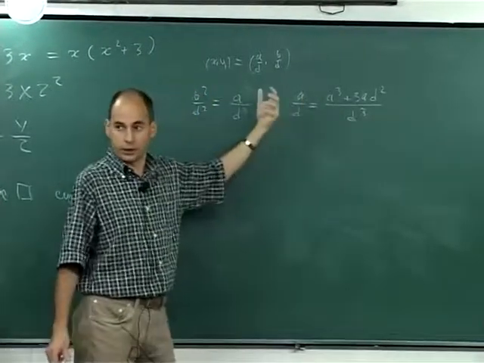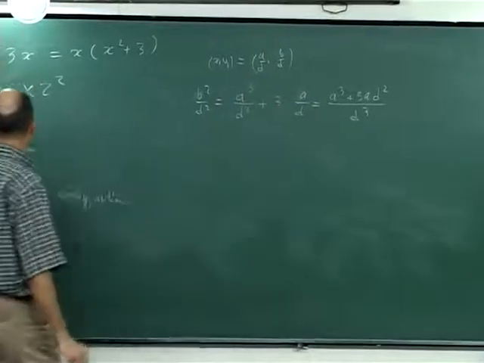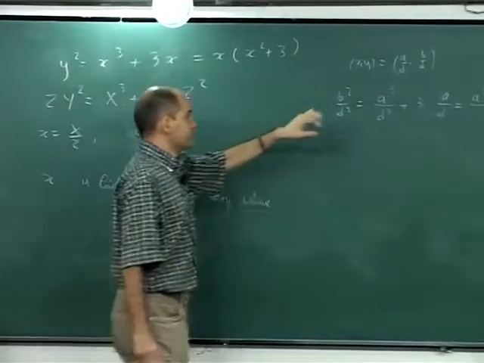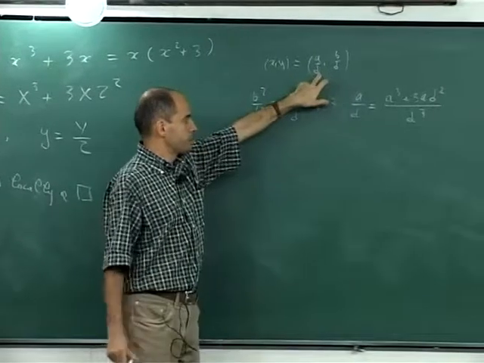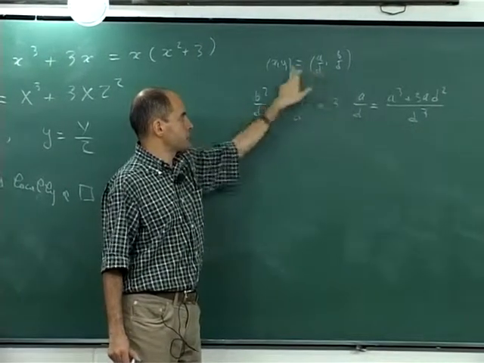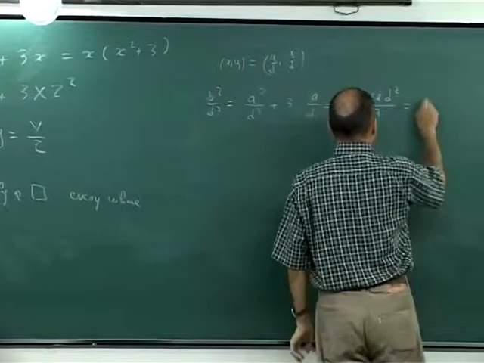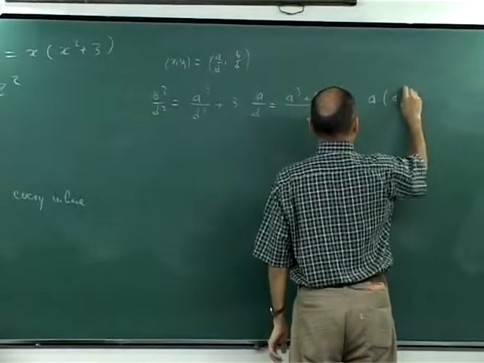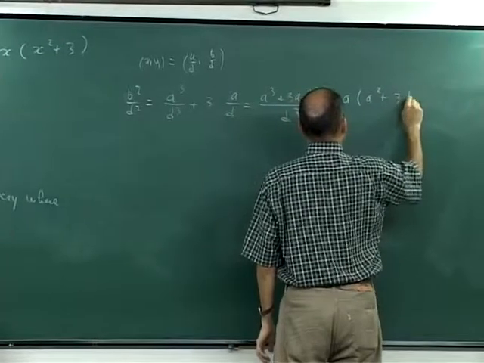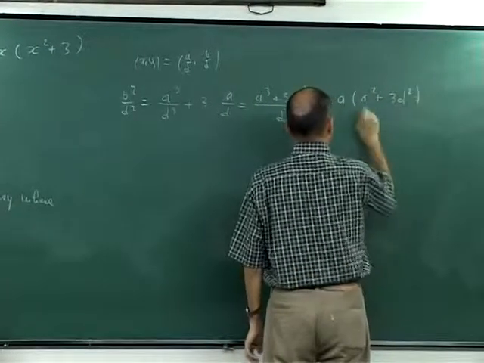So d must be a square. So we already proved that the denominator of x is a square, and then the same here, we have a multiplied by a square plus 3d square.